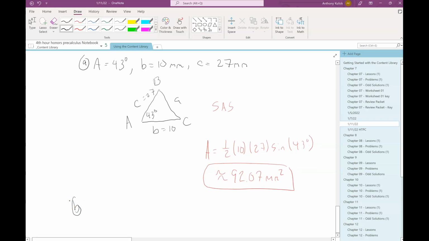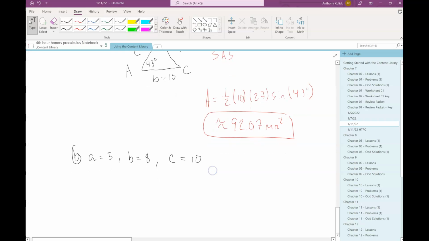What if we have this situation? Well, draw and label our triangle.